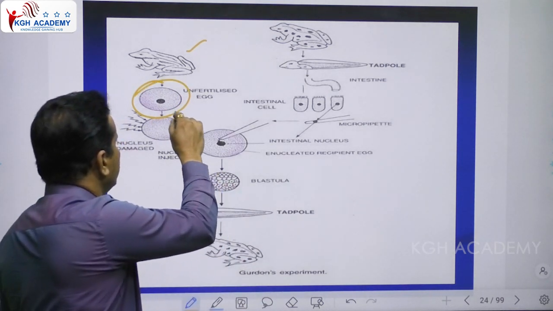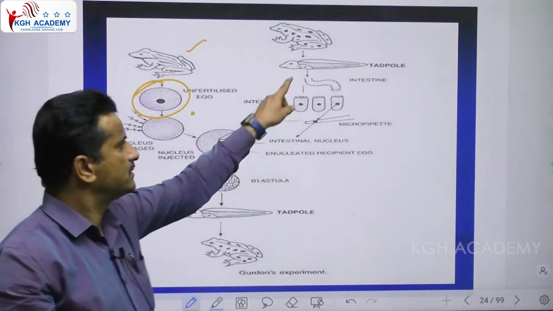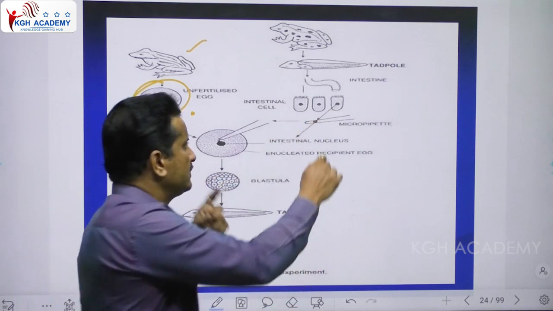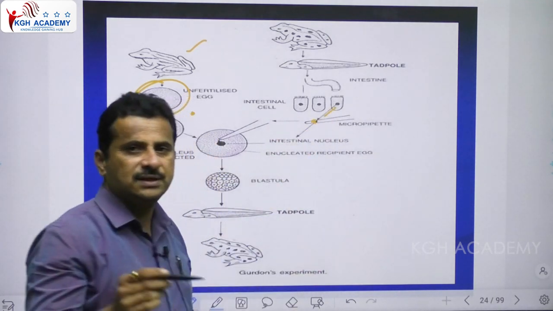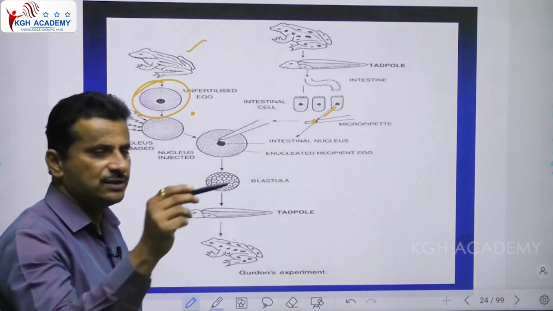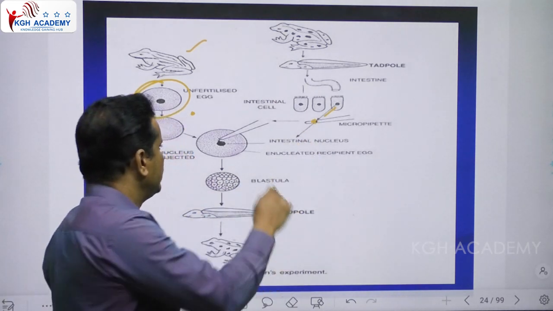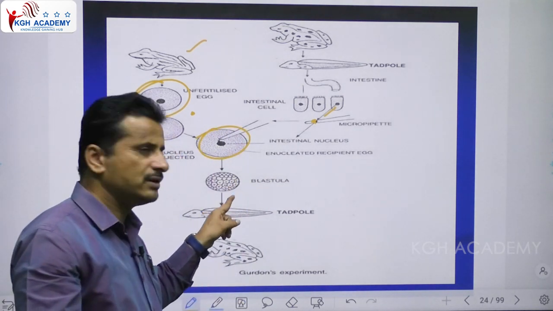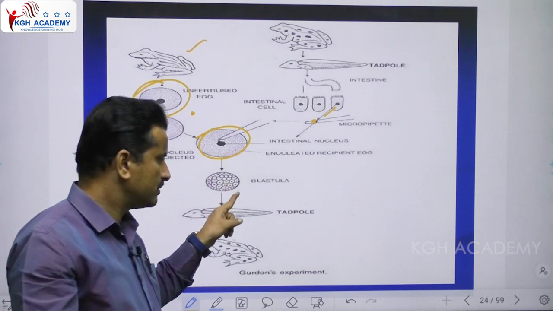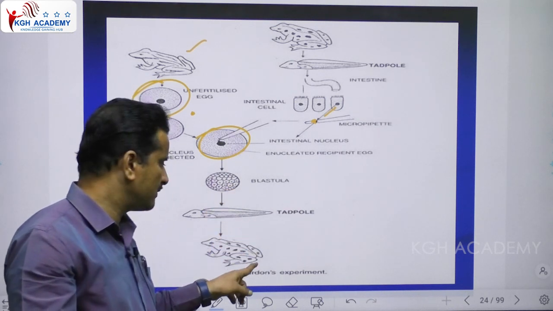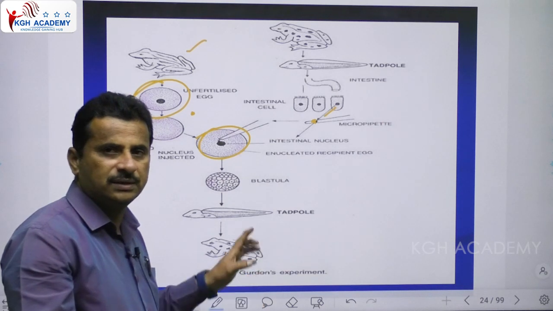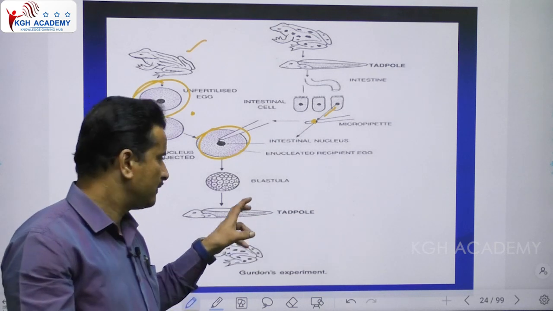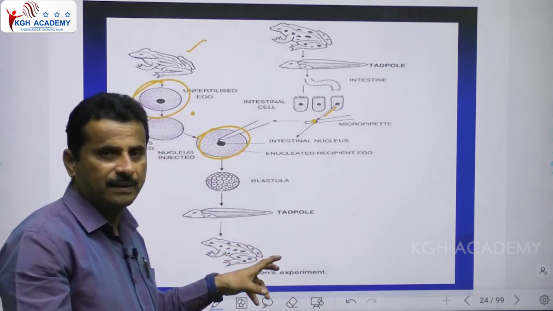They remove the nucleus, and next they remove the nucleus of a frog body cell. See, this is a body cell nucleus. With the help of a micropipette, they introduce this body cell nucleus into the egg, and now this becomes a zygote, converted to an embryo, then a frog tadpole larva, then a frog. This way, by using the SCNT technique, John Gurdon developed a frog tadpole larva or frog.